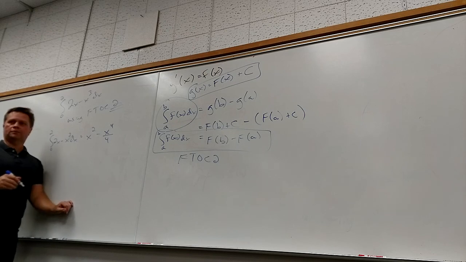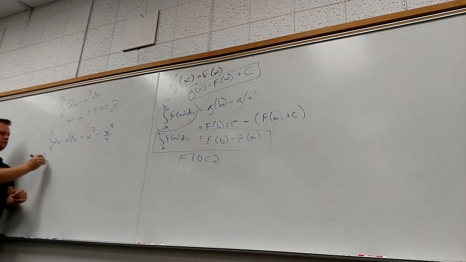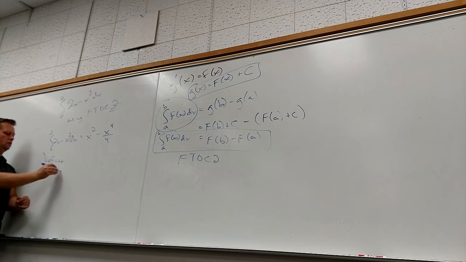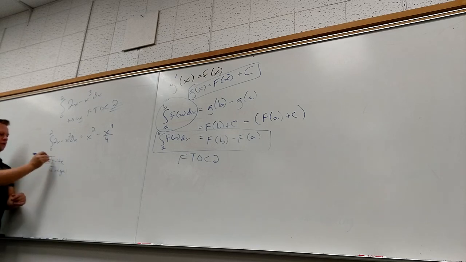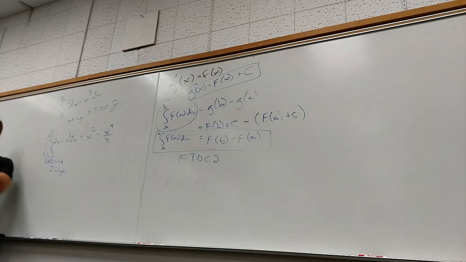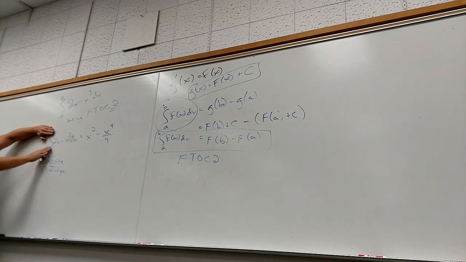We don't write the plus c when it's a definite integral, meaning it's got a range defined. If you see something without those limits, 0 to 2, if it's just like this, that's just asking you for an antiderivative.